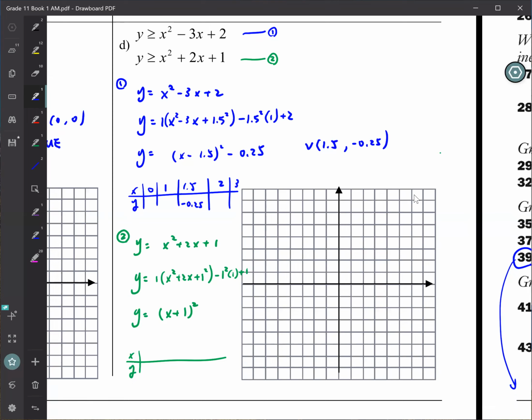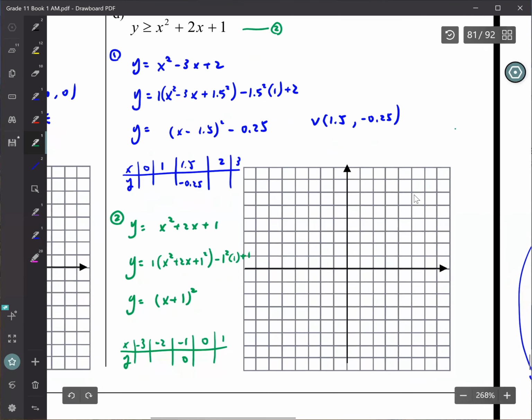And then for the green one, negative 1 is the vertex, right? Negative 1, 0, that's P and Q. So you can use negative 2 and then 0 on each side, okay? Get more points, then you get 1 and negative 3.